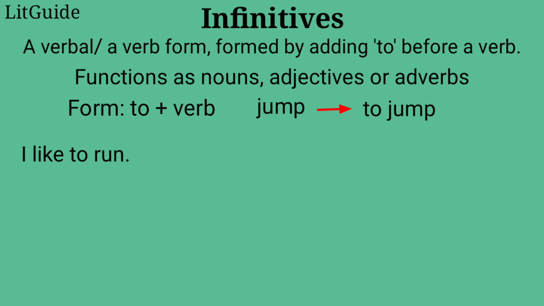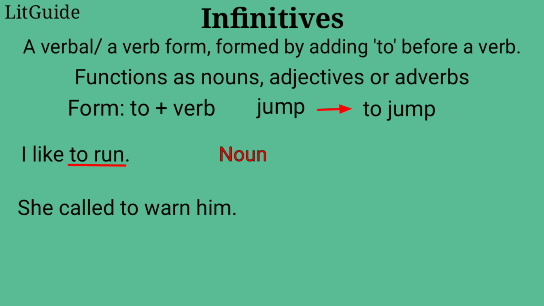Consider this sentence. I like to run. In this sentence, the word run is the name of an activity that the subject I likes to do. It is not the verb itself. So, the infinitive to run acts as a noun in this sentence. Let us now see an example for infinitive functioning as an adverb. Consider this sentence.